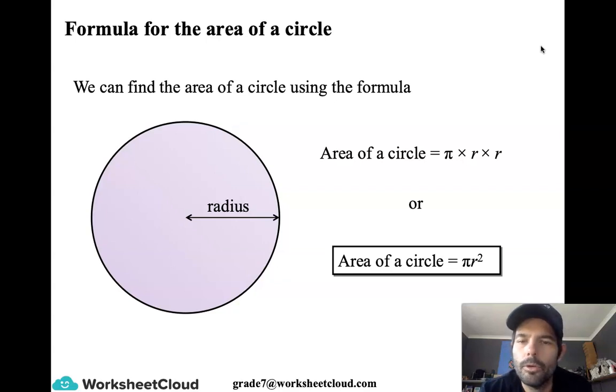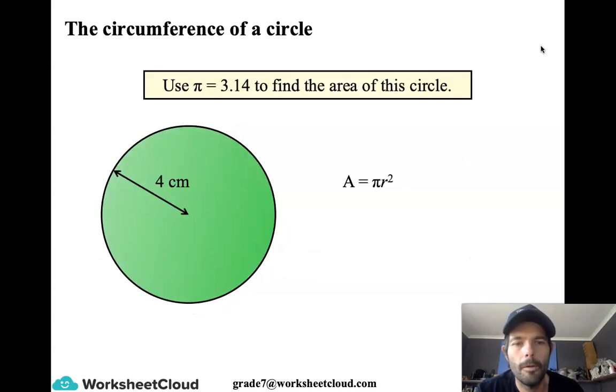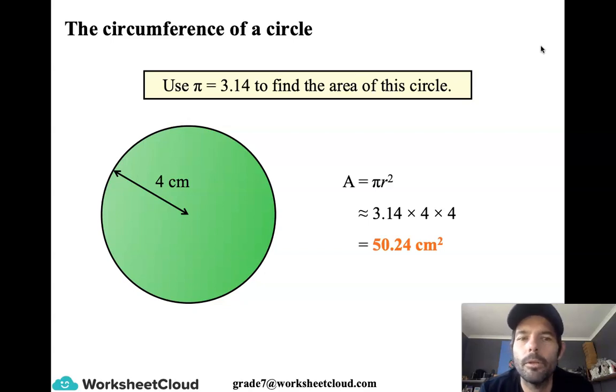And remember, we used pi on the calculator, or we used 22 divided by 7, or you could use the value of 3,14. Either way, you're going to work out that the area of this circle is 50,24 centimeters squared. Okay, we know that 4 squared is 16, and then 16 times pi is going to give us that answer.